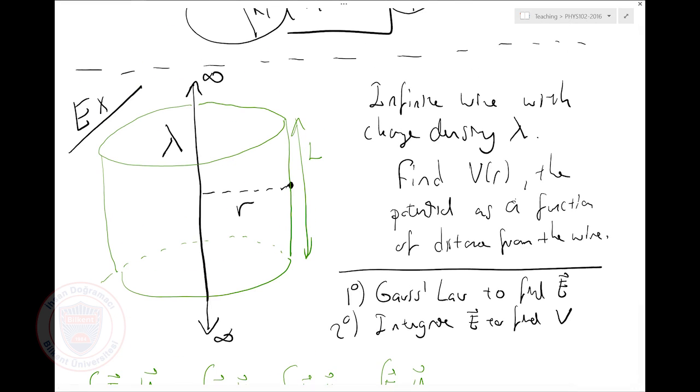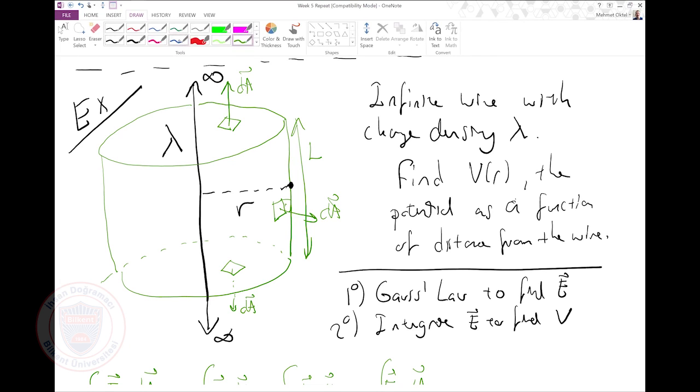But now, which way is dA? dA is always pointing outward. So it's in the positive z direction on the top surface, negative z direction on the bottom surface, and on the sides, it's basically perpendicular to the wire. Now, how about the electric field?